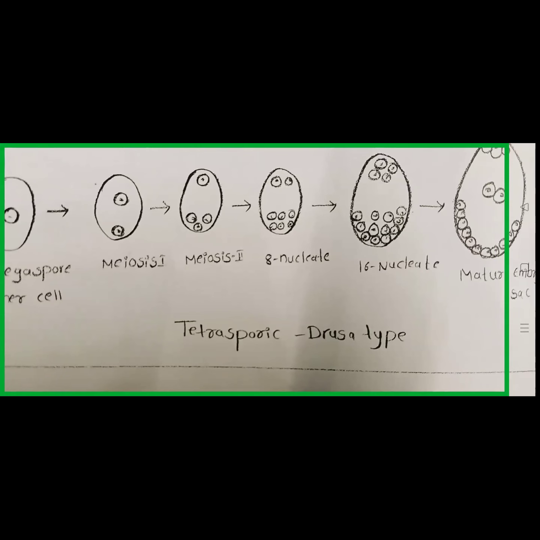Then after the second successive mitotic division, we get 4 nuclei at the micropylar end and the 6 become 12 after the mitotic division. So 12 plus 4, a 16-nucleate embryo sac.